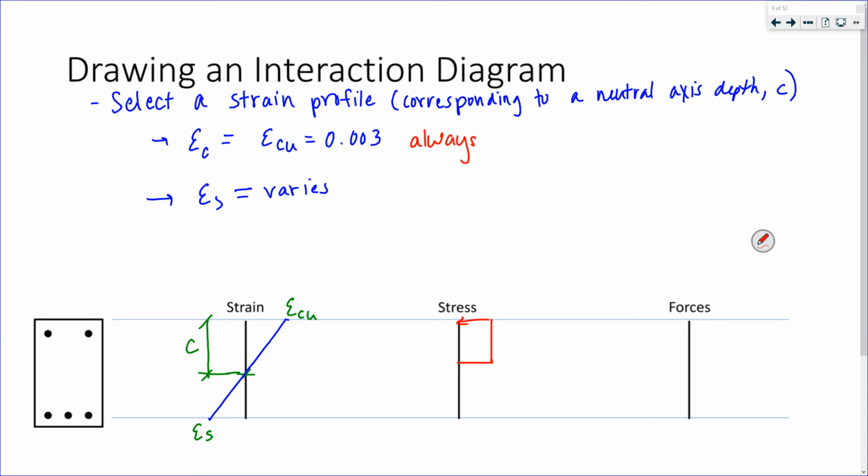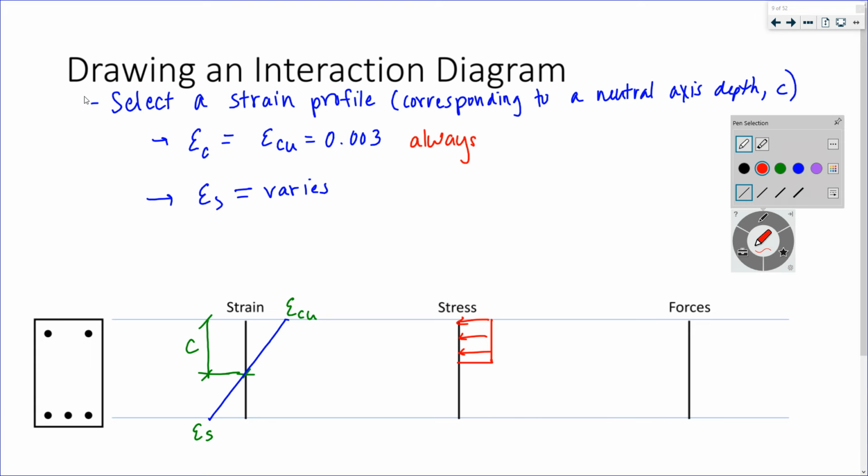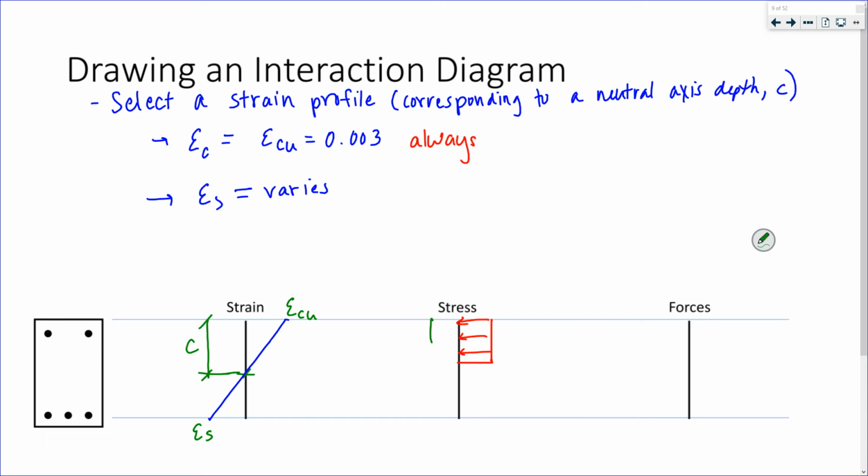Right, some compression stress in the top with a magnitude I'm not going to say what the magnitude is. And it has a distance. Actually, it always is the same.